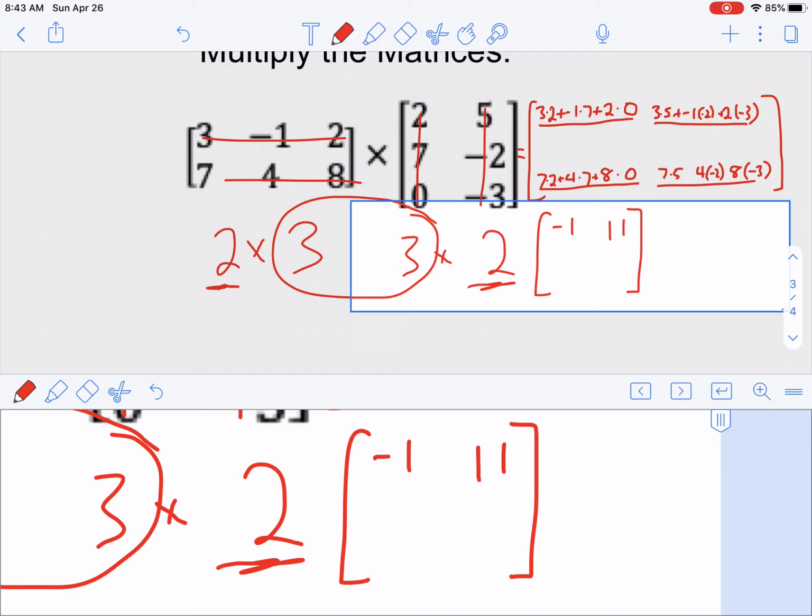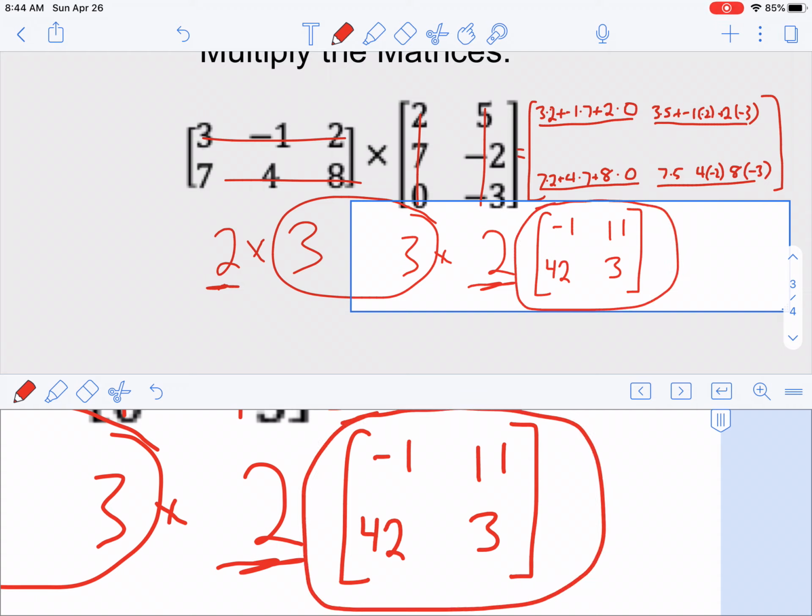And the next element is 7 times 2 plus 4 times 7 plus 8 times 0, which is 42. I'm just using a calculator here to go through this a little quicker. And then I've got 7 times 5 plus 4 times -2 plus 8 times -3, and that is 3. And so my resulting matrix is this 2 by 2 matrix.